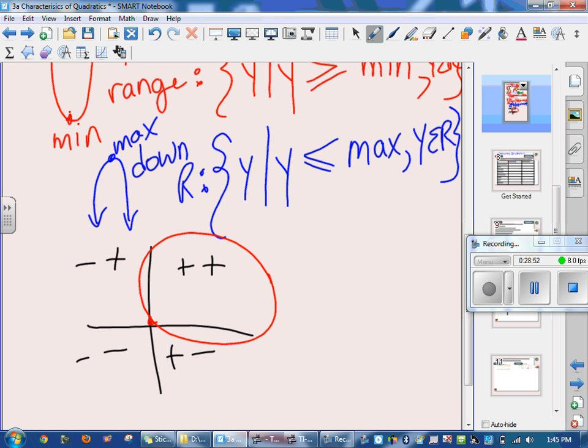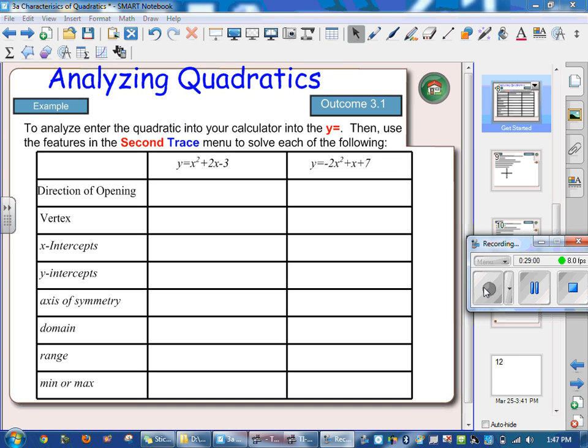This is called analyzing your quadratic. When we analyze quadratics, we need to analyze every single part of it. Some of it we don't even have to put in our calculator. We know it right from the equation, especially because it's in general form. Right now, direction of opening, we're going to look at our A, the number in front of x squared.